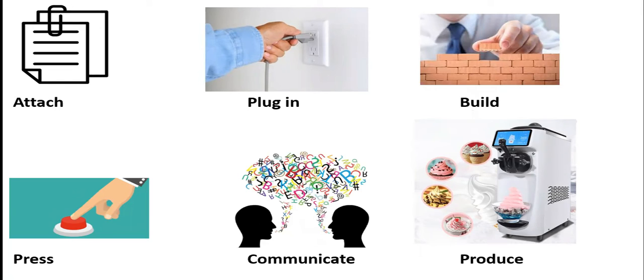But this machine, every time I press the button or I lower this little thing, will produce ice cream, okay? It produces ice cream every time I push the button. So it creates ice cream, but it does not build ice cream. I build the machine. The machine produces ice cream or sodas or cookies or whatever you want.